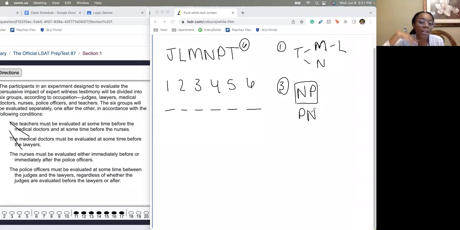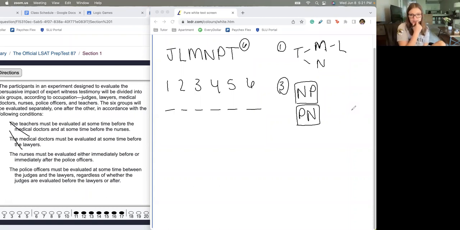Because my understanding is that technically N could go before M or before L, whereas this now means that they have to be close together, next to each other. Yes, so your understanding is completely correct. In rule number 1, our chain up here, we have these little dashes.